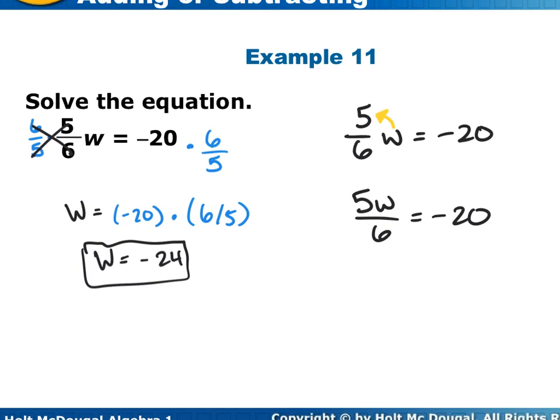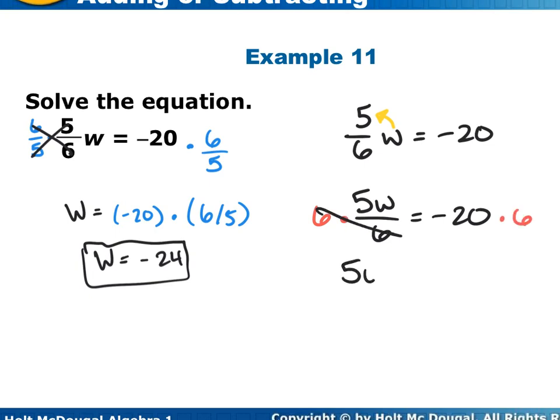Okay? Now, when you look at it this way, it's a lot easier to figure out because you could be like, oh, okay, well, I need to get 5W by itself. Well, to do that, I have to undo dividing by 6. Well, to undo dividing by 6, you've got to multiply by 6.